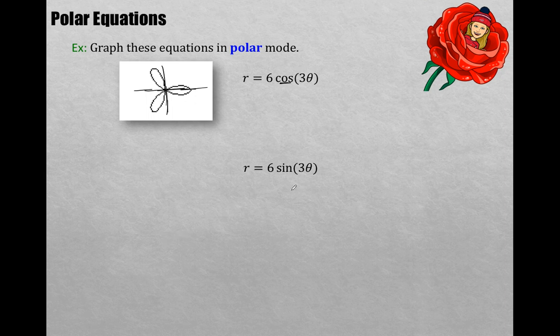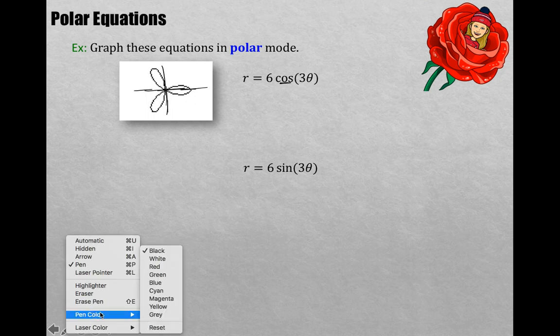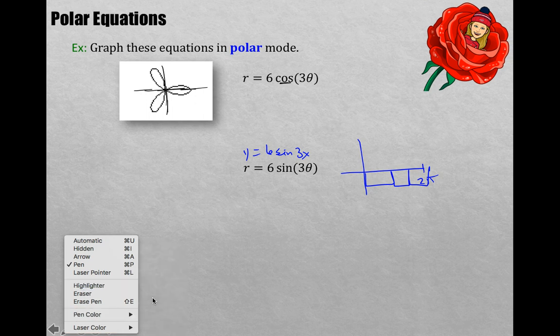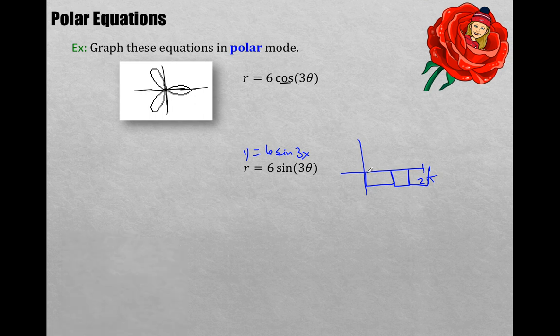6 sine theta. Remember, if you think about not converting to rectangular, just wink, wink, pretend this is y equals 6 sine 3x. Same thing. In a distance of 2 pi, you've got to get 3 cycles of sine with an amplitude of 6, starting at the origin. 1, 2, 3, right?